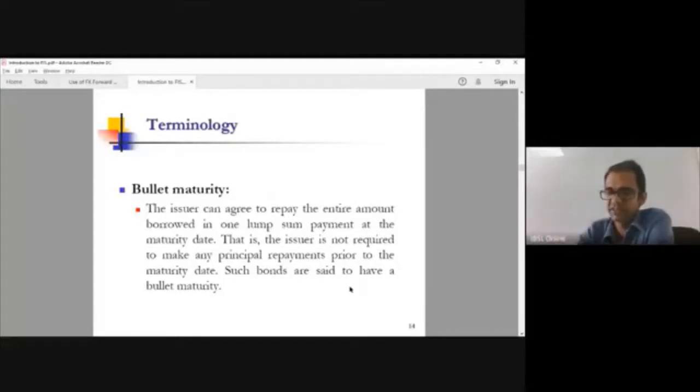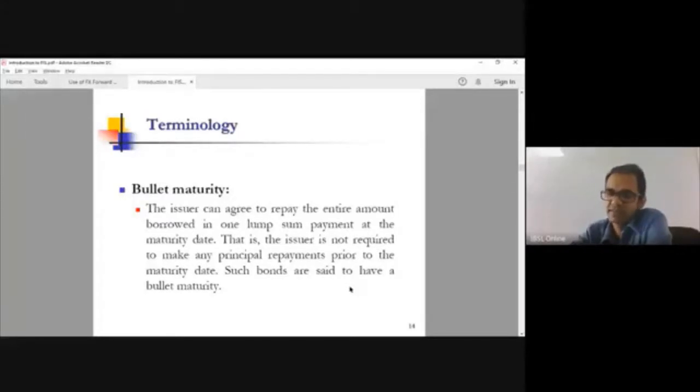There may be a lot of restrictions on the bond issuer, maybe restrictions on the balance sheet, some risk ratios and things like that, whether they can borrow from somebody else after the issuance of this bond, whether they can issue equity. There may be a lot of constraints on the bond issuer.